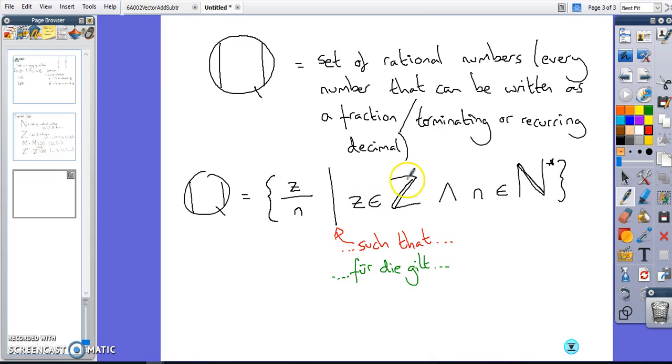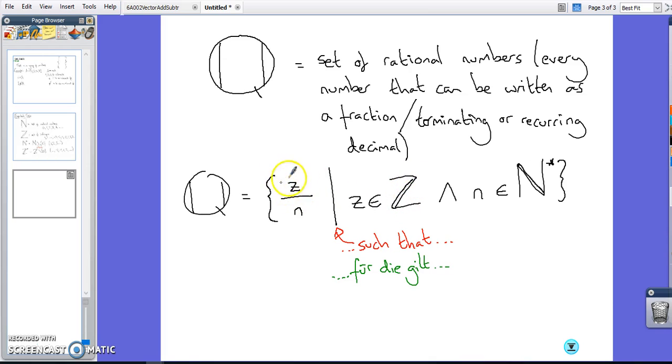Z is an element of the integers, so we can have any positive or negative number we like, including 0 up here. This symbol here means and. And it might be a symbol you've seen before, but it might not be. But that's okay. We have two such symbols. This one means and this one means or. But at the moment we have and.